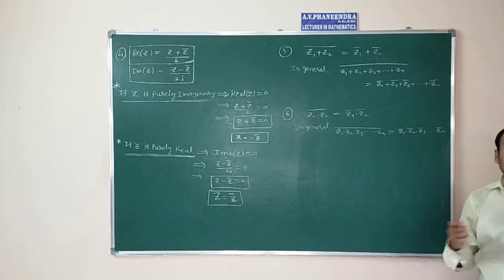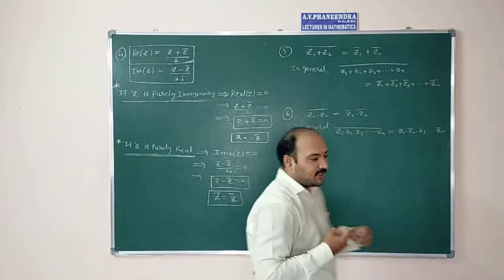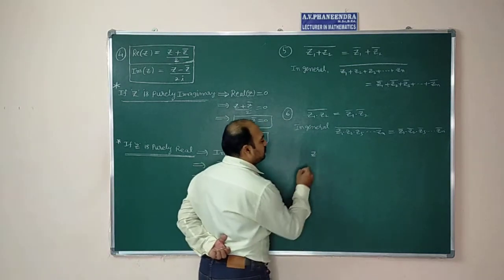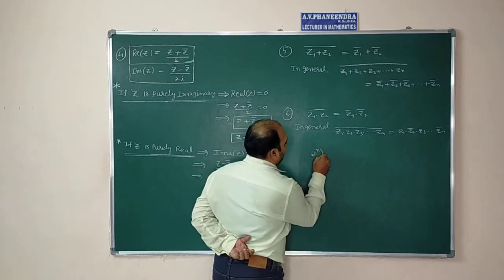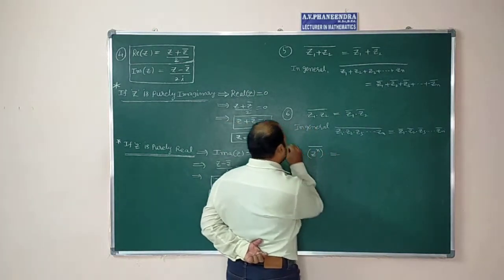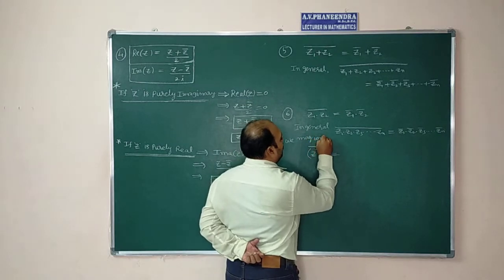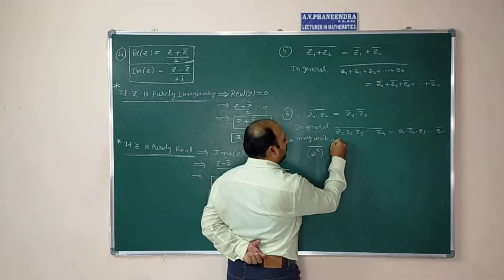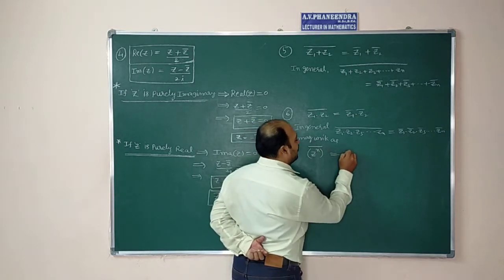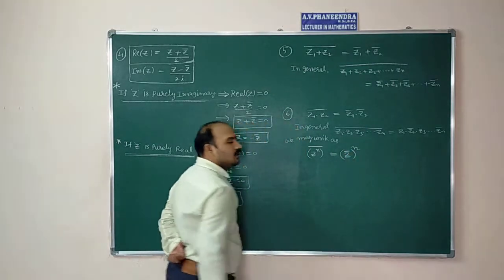And we may also write it like this: z power n whole conjugate can be written as z bar whole power n.